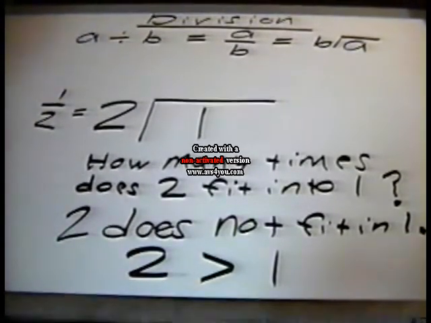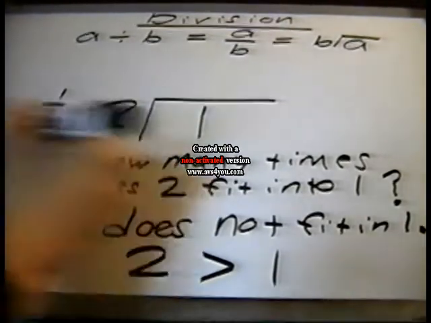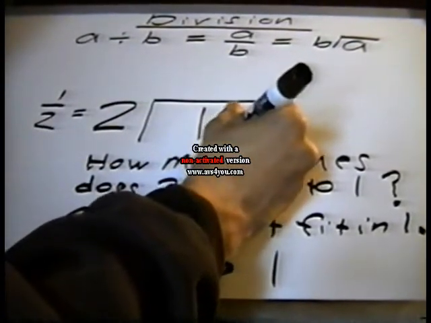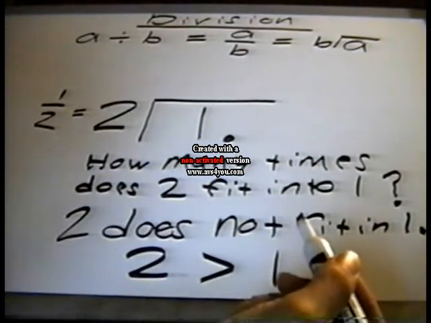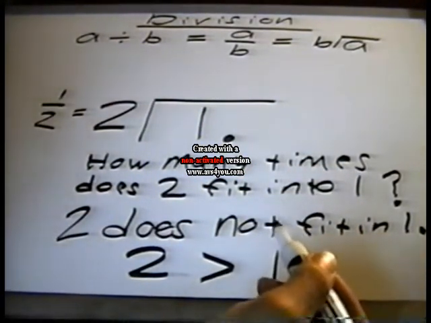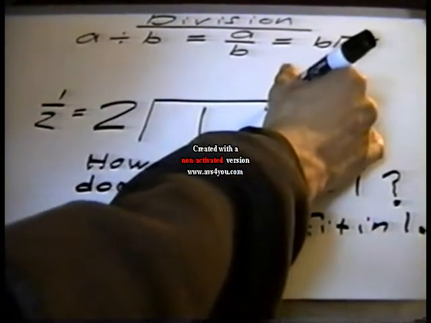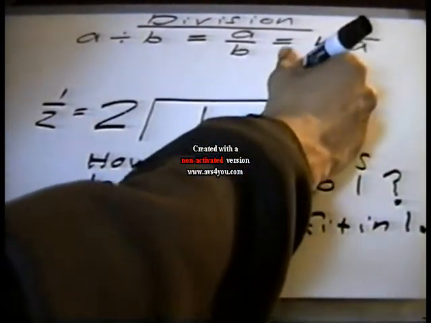So what we do is we use the decimal place, or the decimal point, and we place a 0 to the right of the decimal point, or to the right of 1.